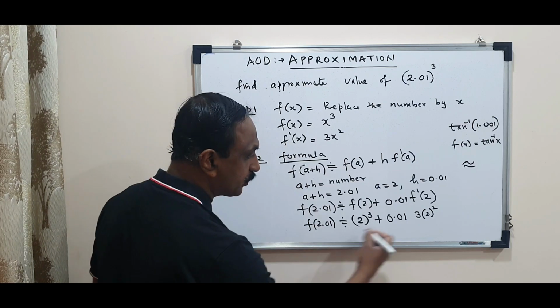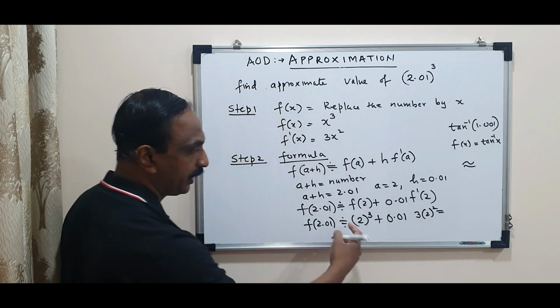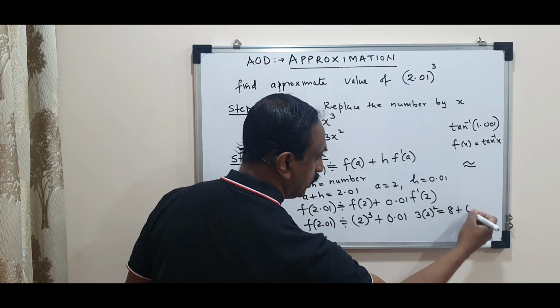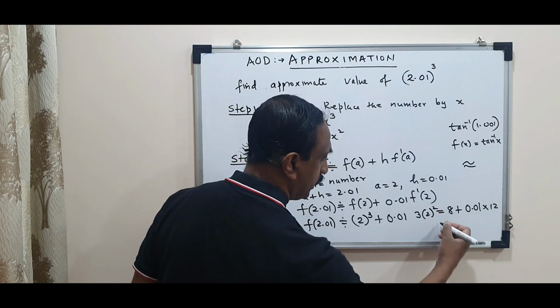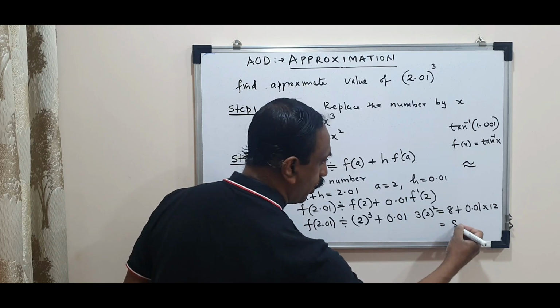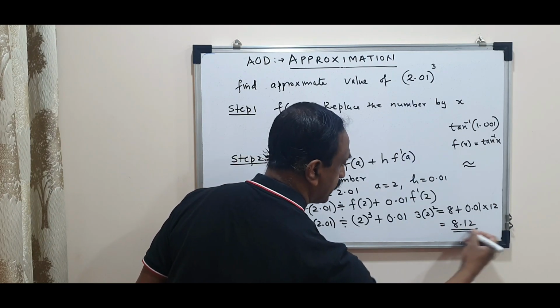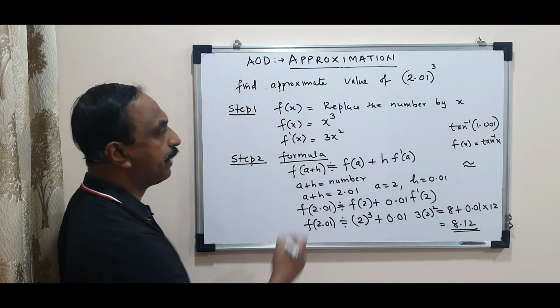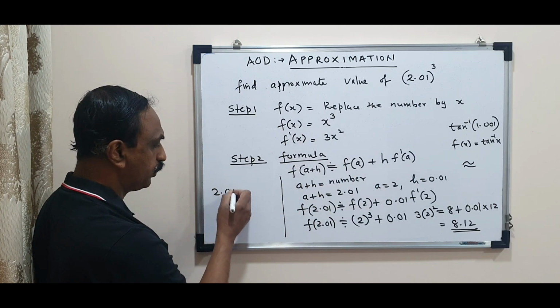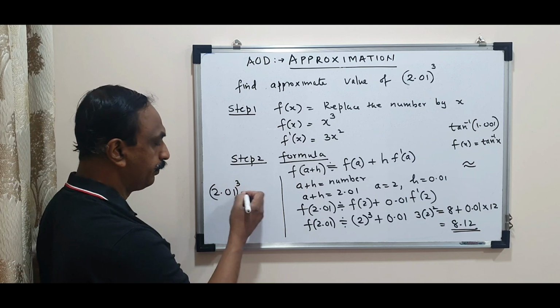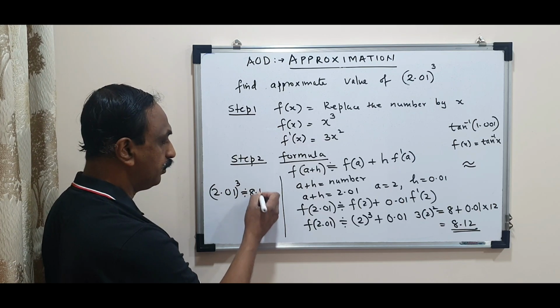Now we'll calculate this value. This will be equal to 8 plus 0.01 into 4 into 3, 12. That becomes 8.12, which becomes your answer. Therefore, the approximate value of 2.01 the whole cube is 8.12.